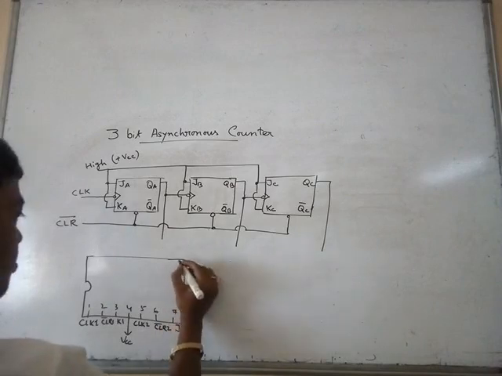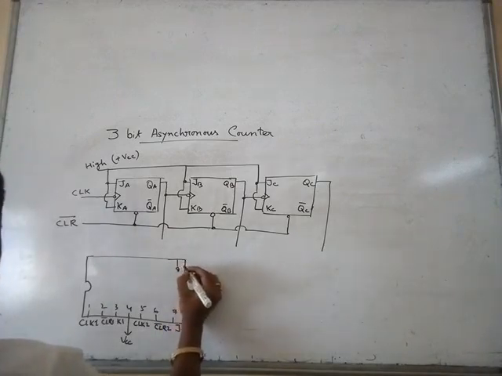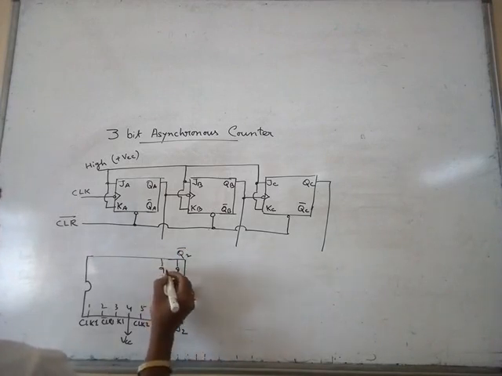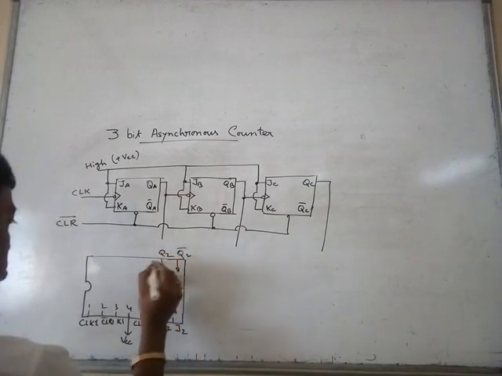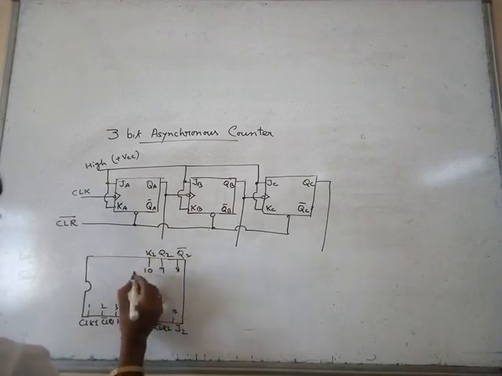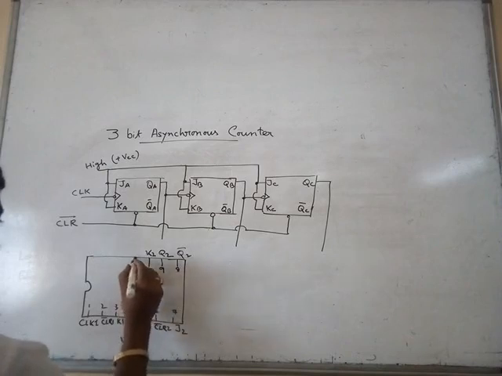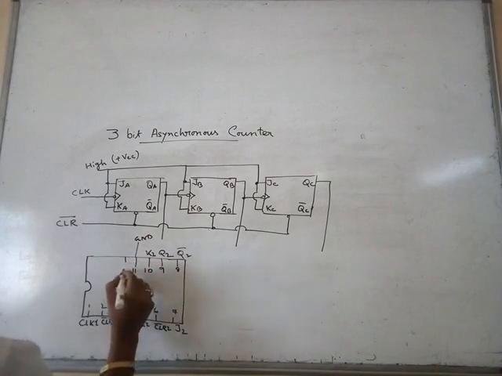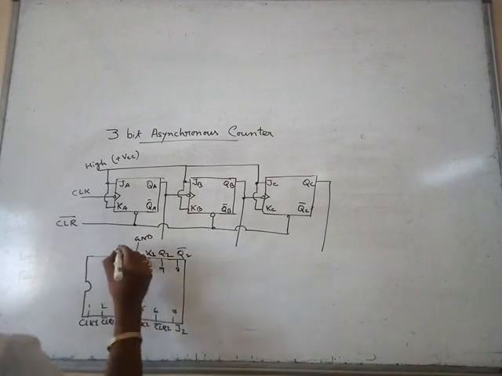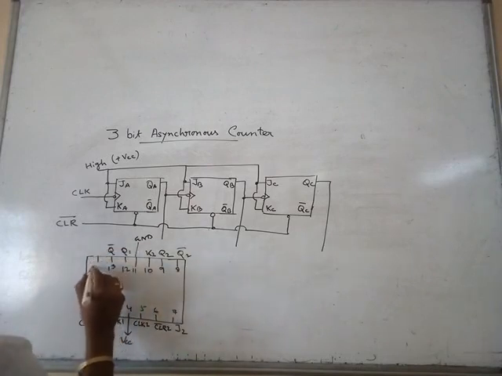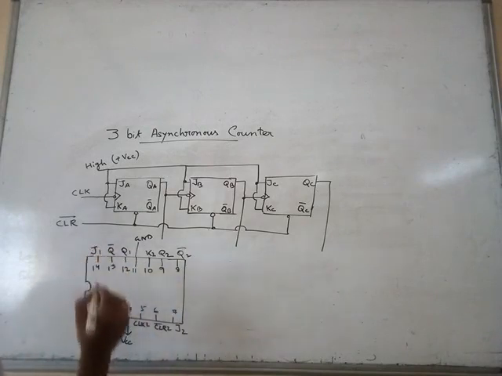Next, going to the other side, pin number 8 for Q2 bar, pin number 9 for Q2, pin number 10 for K2, pin number 11 is for ground, pin number 12 it is for Q1, pin number 13 Q1 bar, pin number 14 J1.